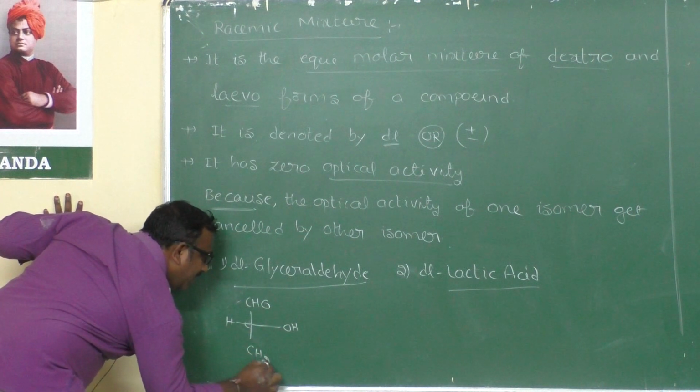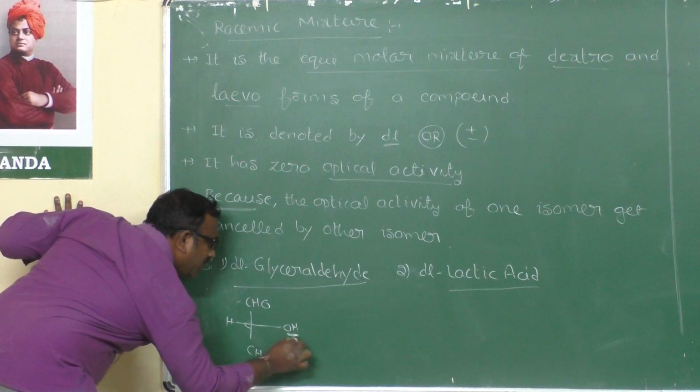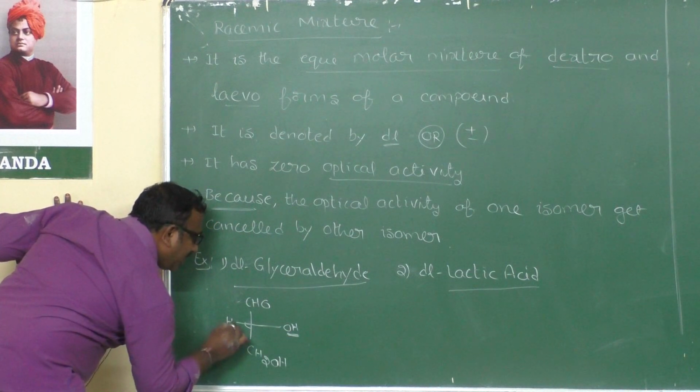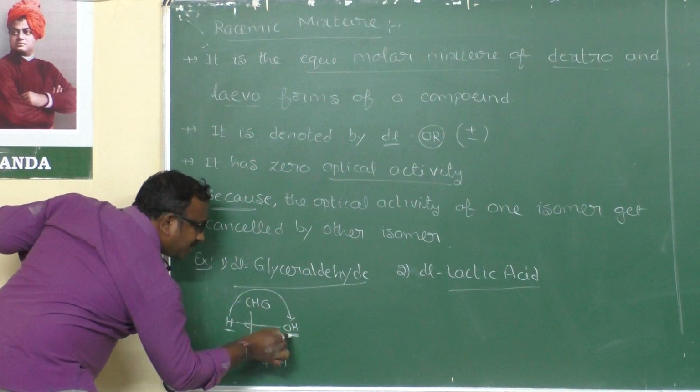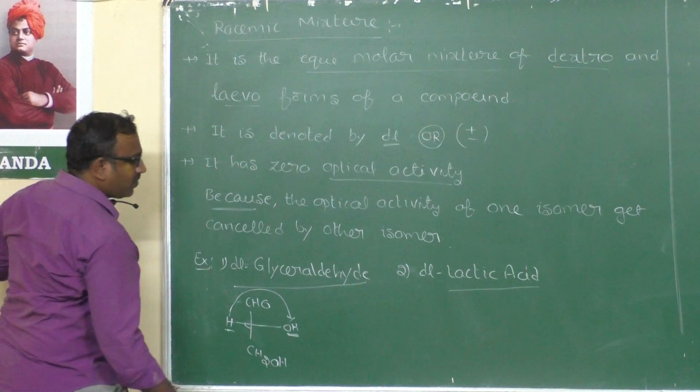this is D-glyceraldehyde. Here OH is present on the right side and H is present on the left side. So here rotation is possible in a clockwise direction.